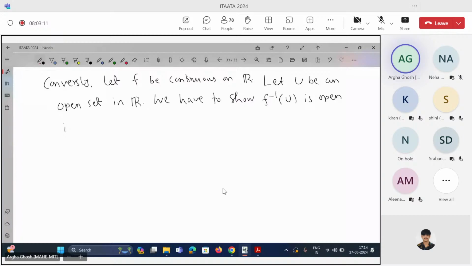Okay. So that means let c belong to F inverse U. What do you have to show?